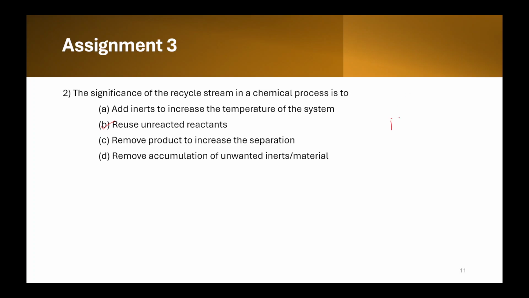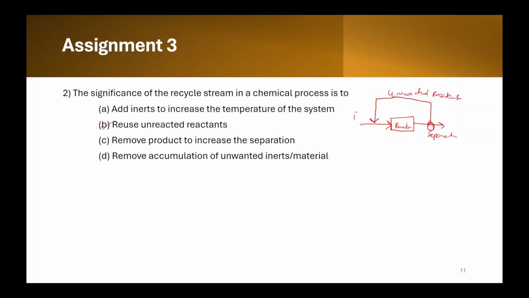So as you see, some separator is given here. This is the reactor. So this will give us the unreacted reactant.